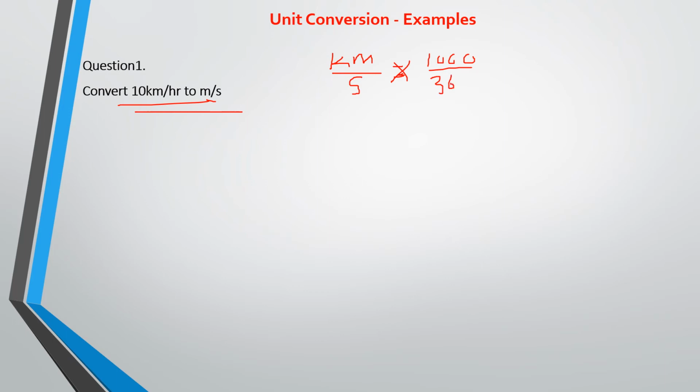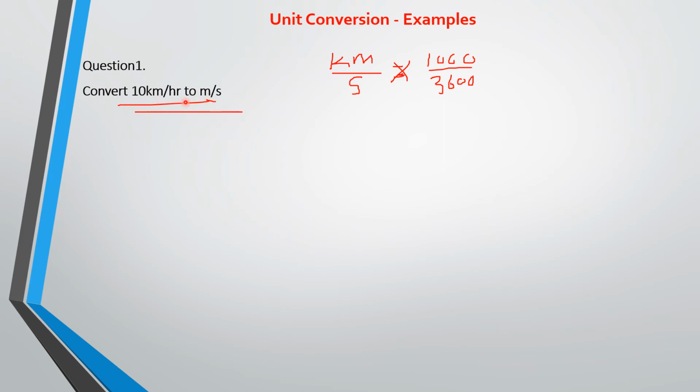You know that in 1 hour you have 3600 seconds, and in 1 kilometer you have 1000 meters. So if you use this simple formula, you will be able to do the conversion very easily. So take note of this formula. Now with this formula, we can do this conversion in a very short time.